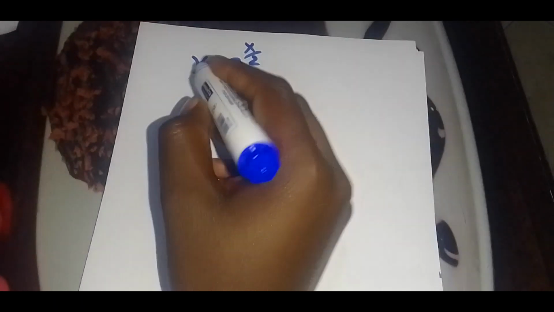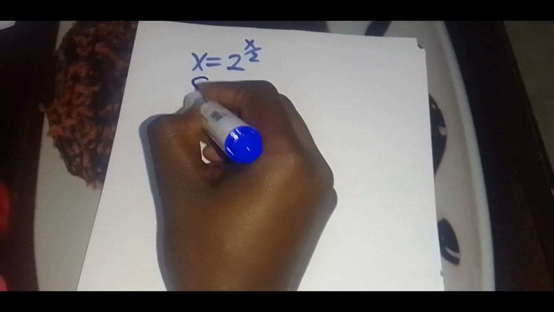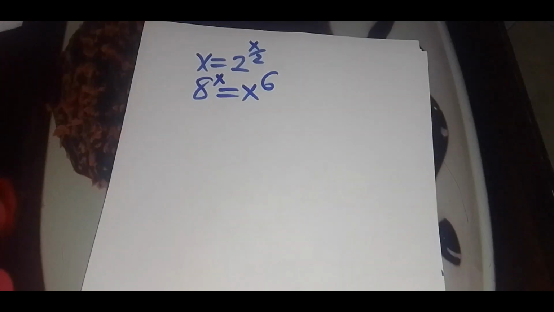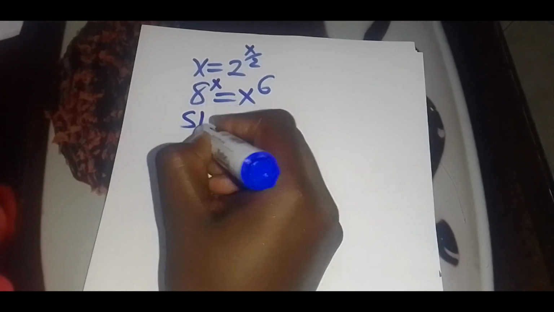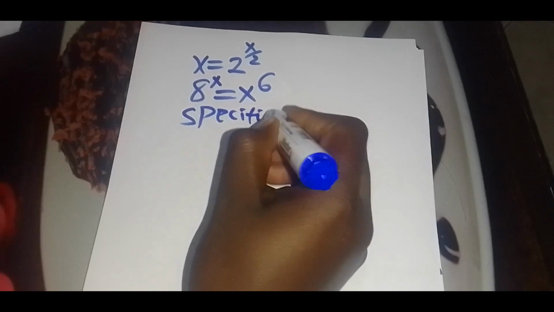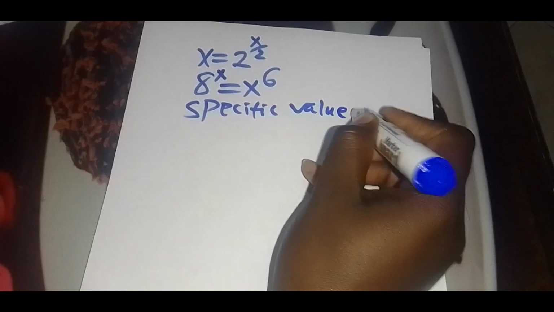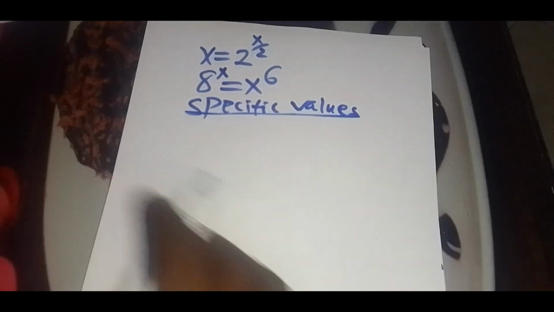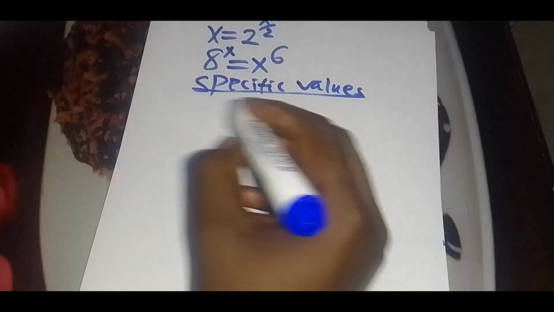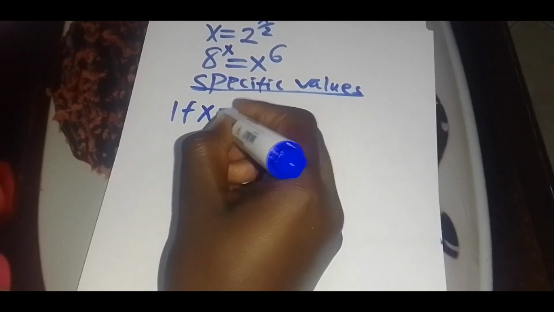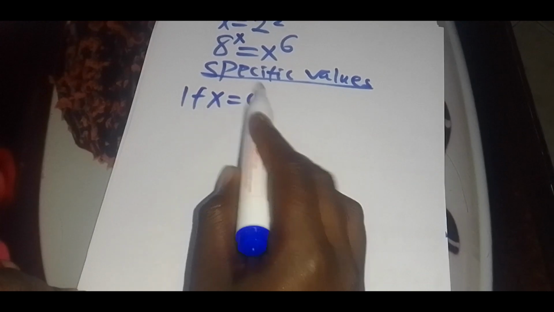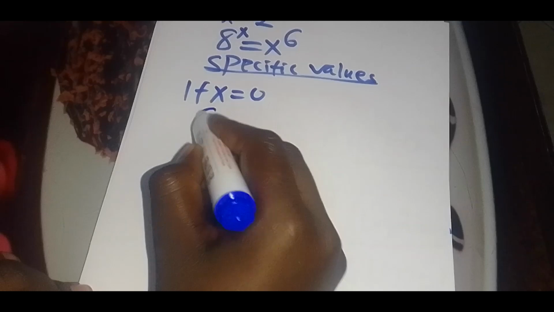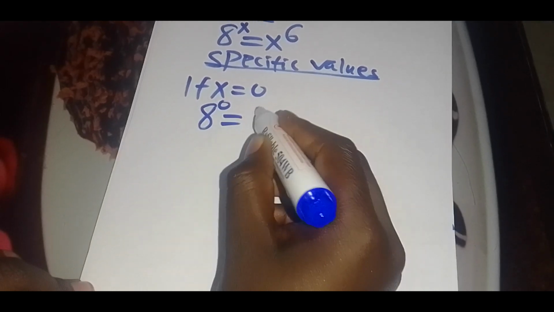But now, let's analyze this problem. We have 8 raised to power x equal to x raised to power 6. Now let's try specific values. If you substitute x equal to 0 back into our equation, we're going to have 8 raised to power 0, which is equal to 1.